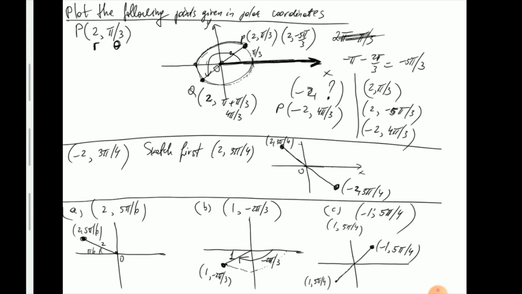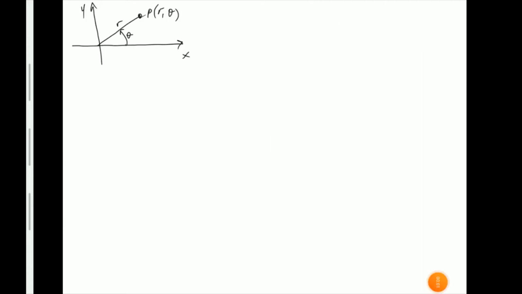The next item on the agenda today would be a relationship between Cartesian and polar coordinates. So we're going to continue with that. All right, so let's actually write here the relation between polar and Cartesian coordinates.